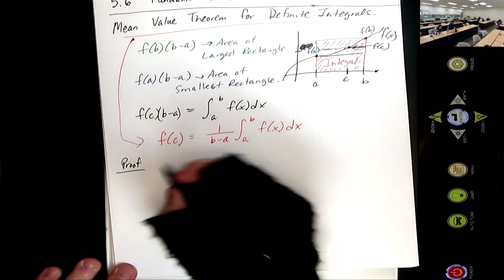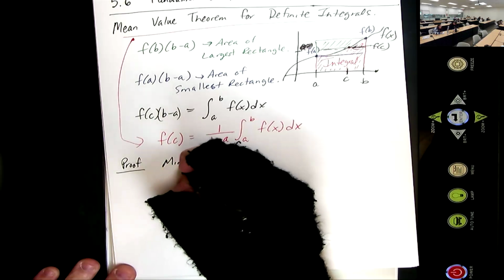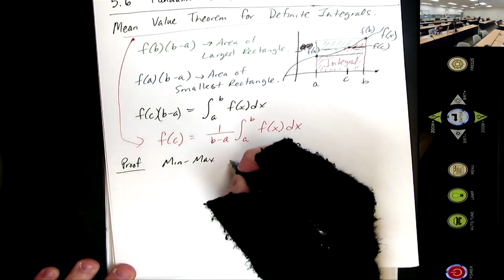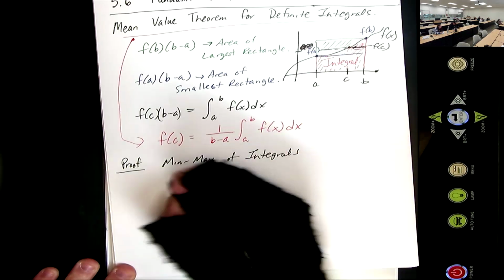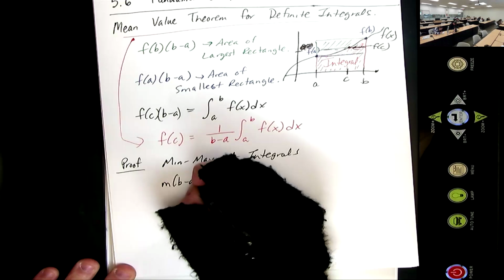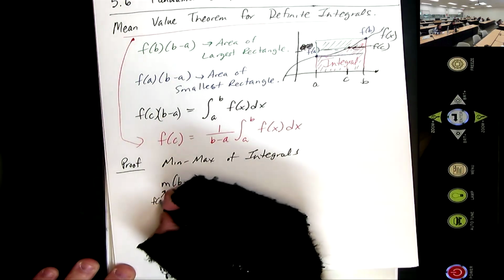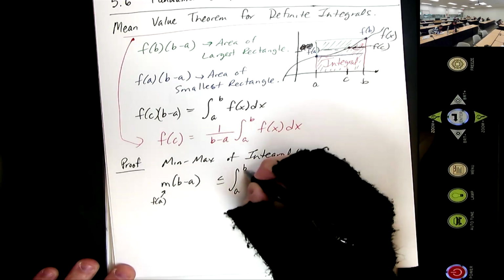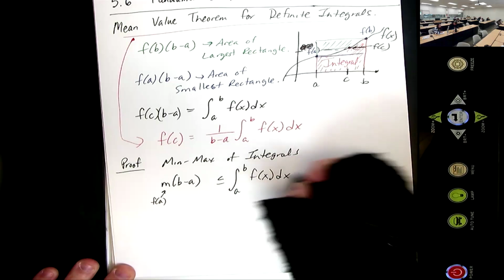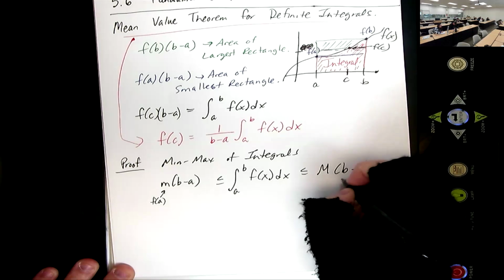We did talk about the min-max theorem, min-max for integrals, last week. And we had little m times b minus a, which in this case was like f of a in my picture, is less than or equal to the integral from a to b of f of x dx, which is less than or equal to big M times b minus a.